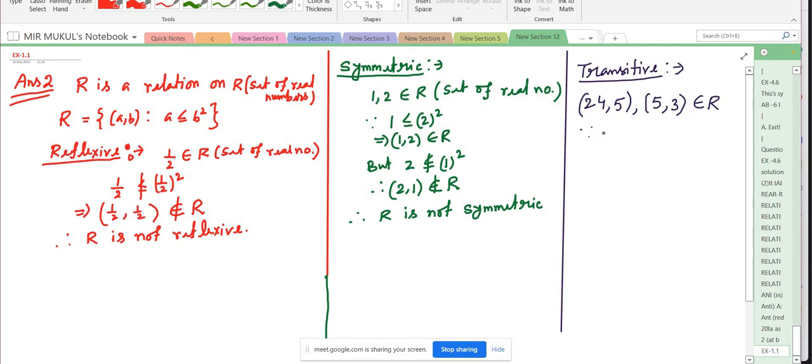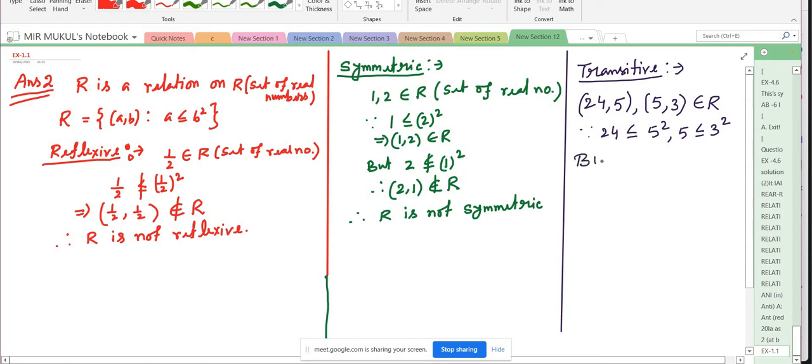Logically, 24 is less than or equal to 5 square, and 5 is less than or equal to 3 square. So these two ordered pairs, (24, 5) and (5, 3), are present in R.